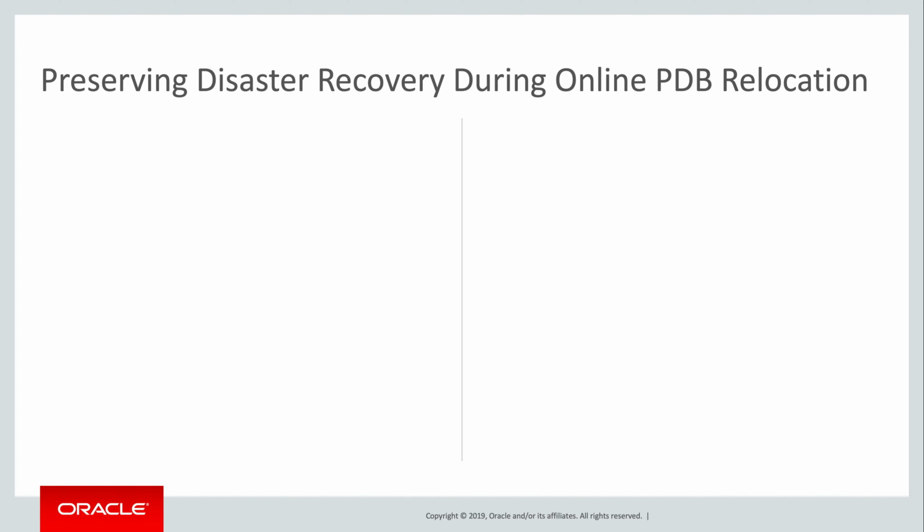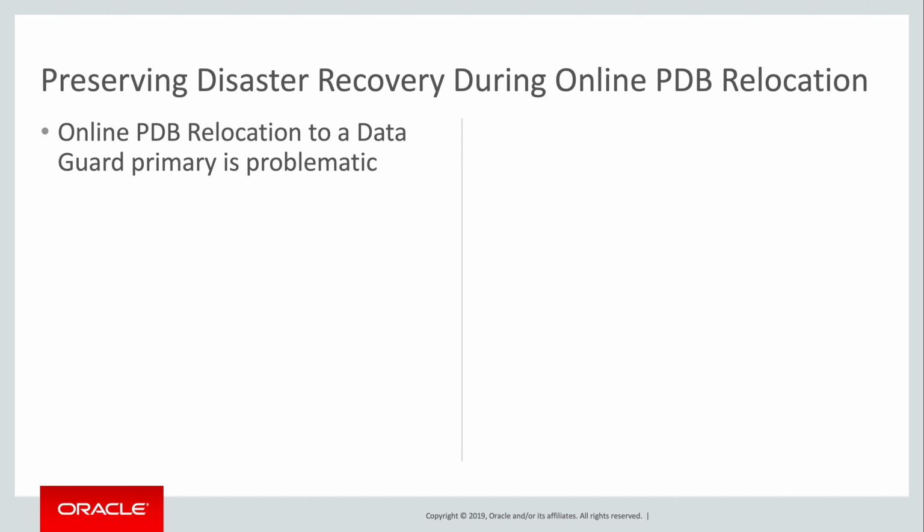It may seem paradoxical, but high availability and disaster recovery are not necessarily the same thing. Let me explain. As discussed earlier in this video series, online PDB relocation allows a PDB to be moved between servers without taking an outage in the PDB. However, we've also seen that moving a PDB into a CDB protected by DataGuard can be complicated because we also need to consider setting up the corresponding replica in the standby CDB.